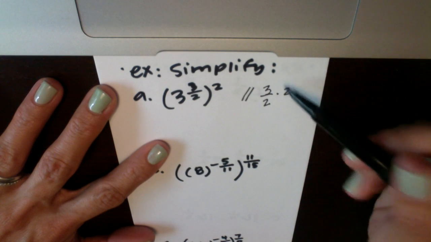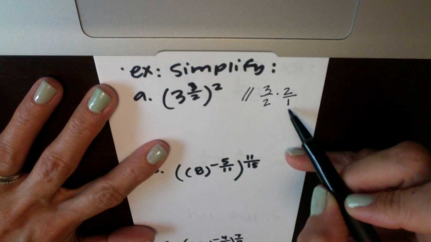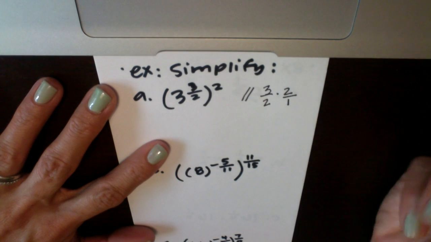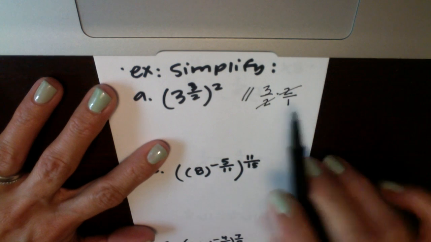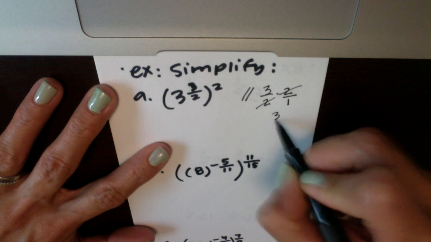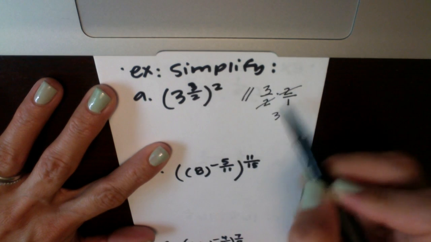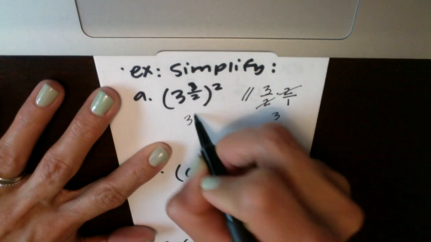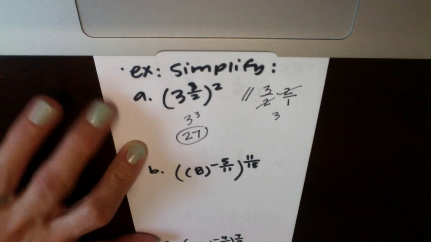You can put the 2 over 1, and when you're multiplying fractions, if there's anything on top and bottom that can cancel, go for it. It makes it a lot easier to simplify. All that's left is 3 on the top and 1 on the bottom, and 3 divided by 1 is just 3. So when we multiplied the exponents out, we got 3. You get 3 cubed, which ends up being 27.